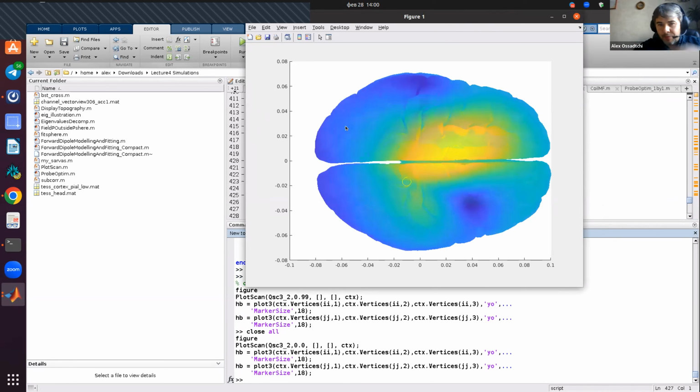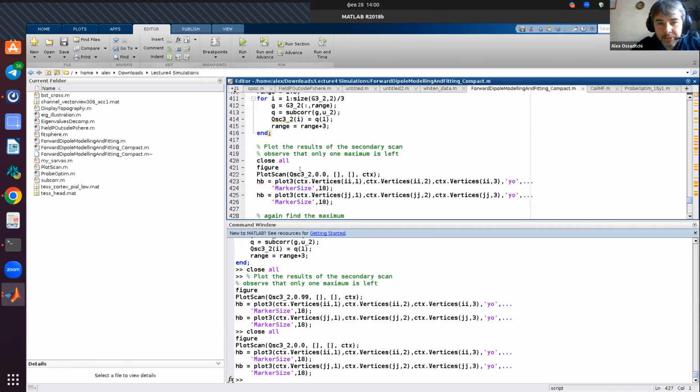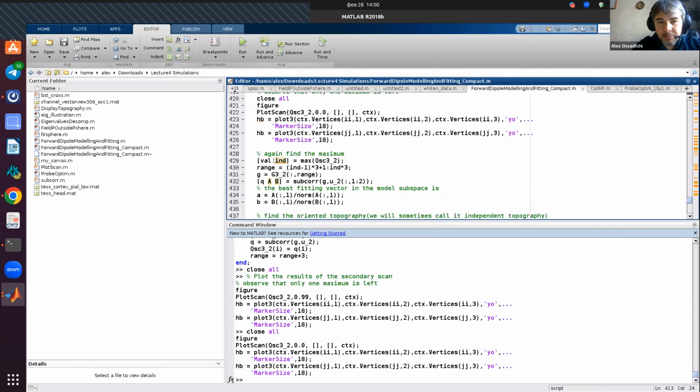And now again you look for the maximum. So you don't have to look for local maxima, which is always very difficult, especially in 3 dimensions or 2 dimensions, on this surface, right? But you look only for the maximum maximorum, okay? And that's it.